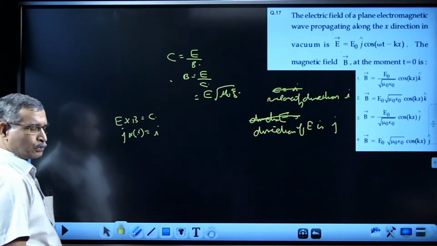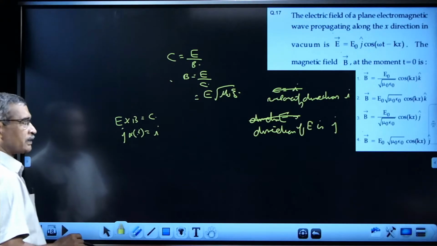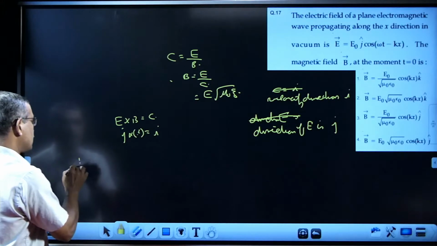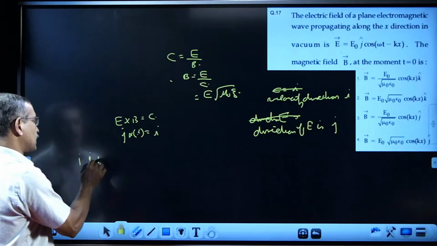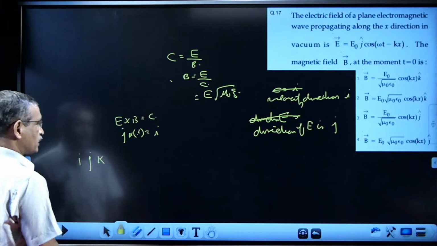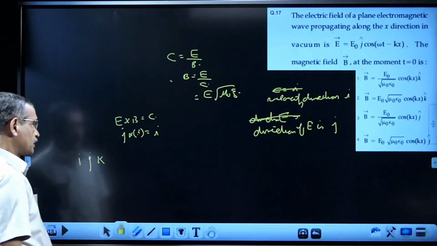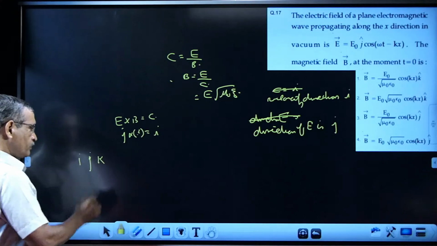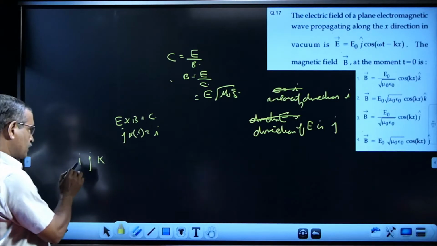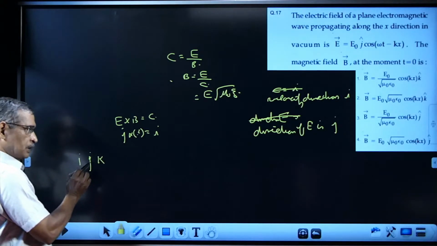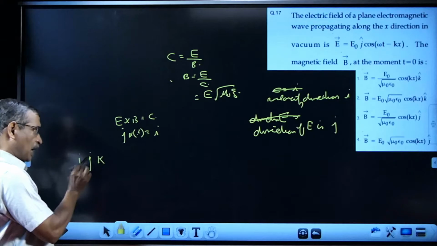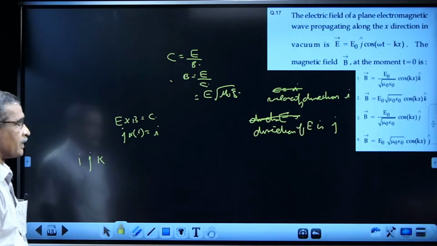What is the value of j? i, j, k. The cross product: i cross j is k, j cross k is i.